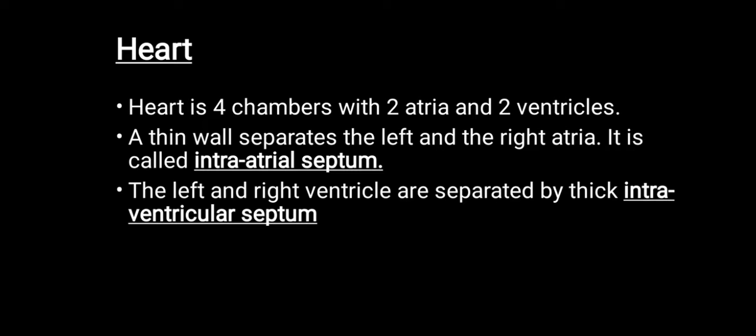So the right atrium and the left atrium are separated by the intraatrial septum, a thin wall. In the same way, the left and right ventricles are separated by the thick intraventricular septum. The intraatrial septum is thin, whereas the intraventricular septum is thick.